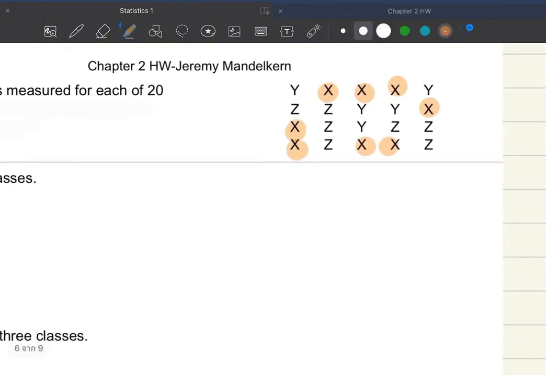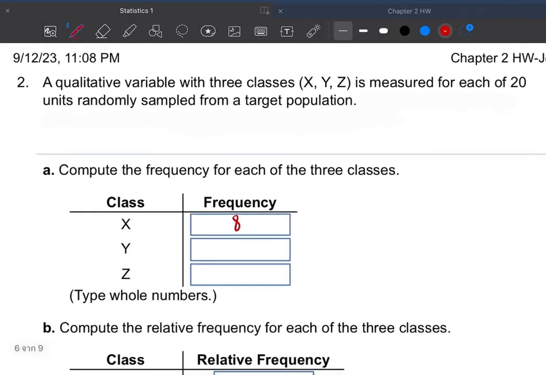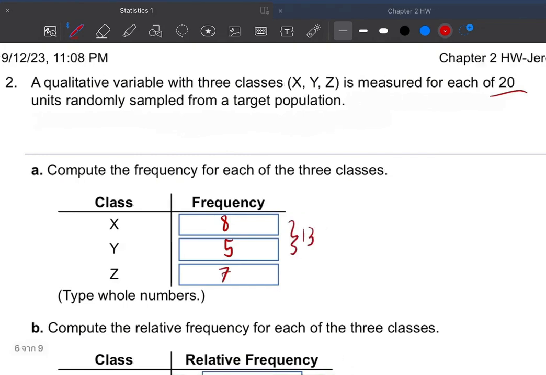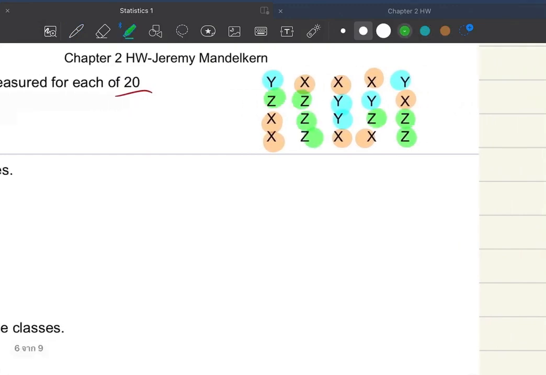For y, we have 5. In total we have 20 units. We already have 13, so z must be 7. If you're not sure, you can count it: 1, 2, 3, 4, 5, 6, 7.